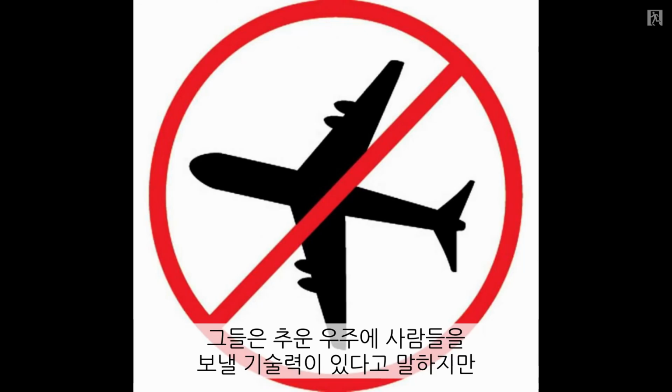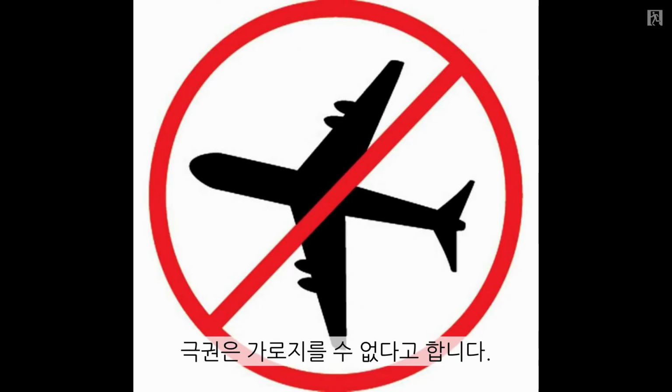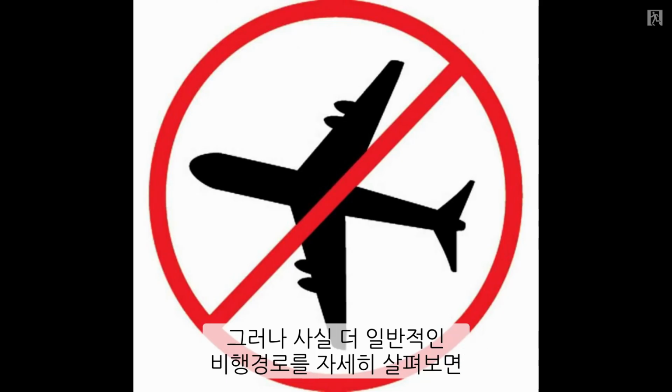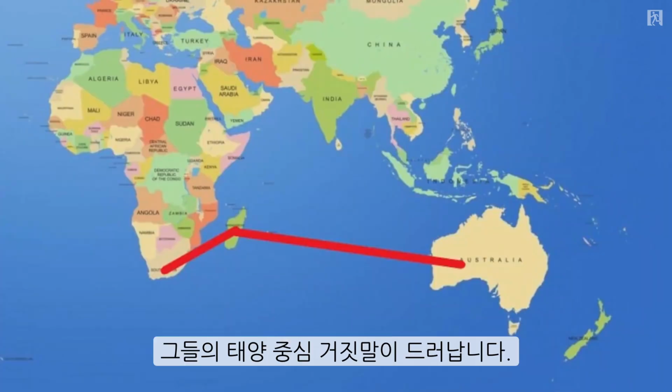They tell us they have the technology to send people out into cold space, but not to cross the polar zones. In fact, a closer look at flight paths more generally exposes their heliocentric lie.